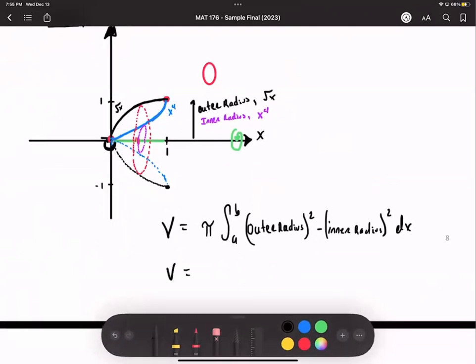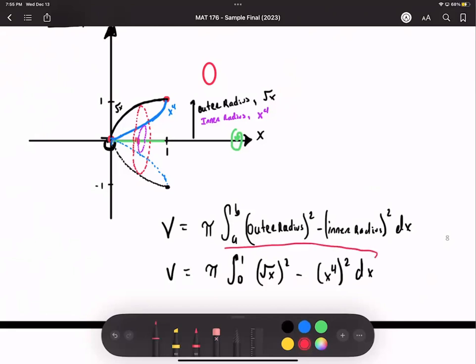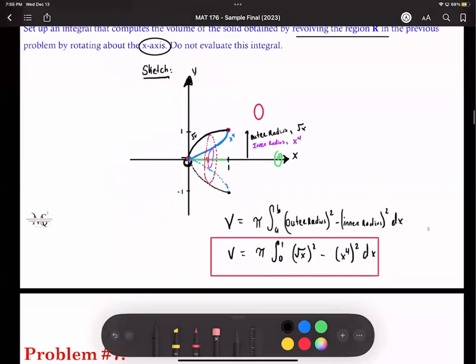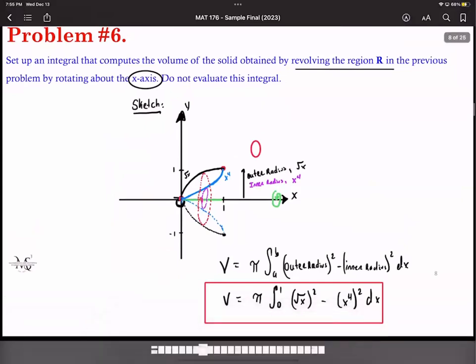So you have volume equals pi times the integral from 0 to 1 of square root of x squared minus x to the fourth squared dx. Now, because it says that you don't have to evaluate it, you're just setting it up, I think this is okay. If you do want to simplify this a little further, square root of x squared is x, and x to the fourth squared is x to the eighth. And that's problem 6.